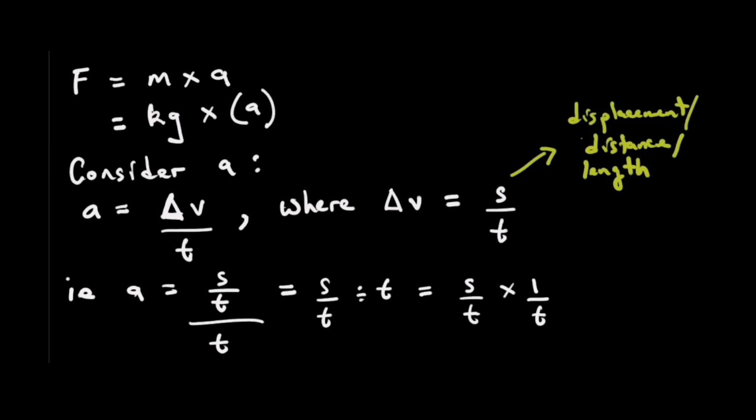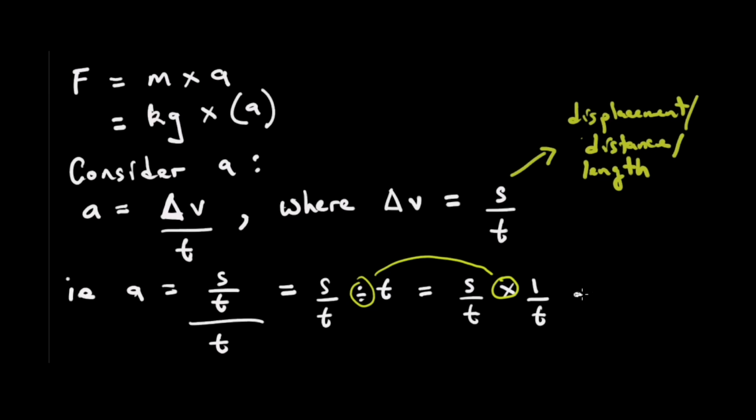We must know that when we move from a division sign to a multiplication sign, we invert the divisor, which in this case is t. So when we move from division to multiplication, t becomes 1 over t. Technically, in maths we say we are multiplying with the reciprocal of the divisor. But what we must just know, as I was taught by Mrs. Muruvi at Gokomere Catholic Primary School in grade 5, is that we invert the divisor. The divisor is the one on our right, so this t is the one that is inverted. Take note that s over t is not inverted; the divisor is inverted, meaning we invert this t. So s over t divided by t becomes s over t multiplying 1 over t.